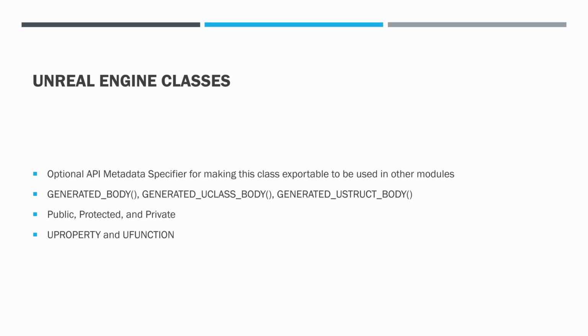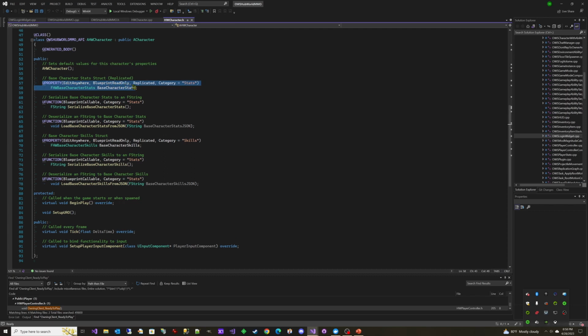Two other common metadata specifiers in our Unreal Engine classes are UPROPERTYs and UFUNCTIONs. These also, usually in parentheses, have various things like BlueprintReadWrite, BlueprintCallable, things like that, that primarily tell us how they're going to function in Blueprints. How are the Blueprints going to see this, and what are they going to do with it?